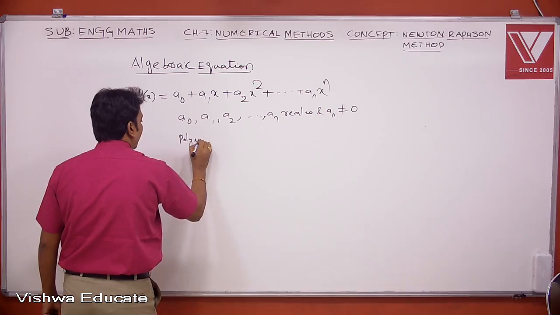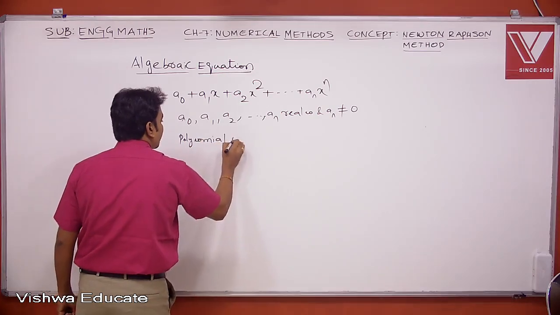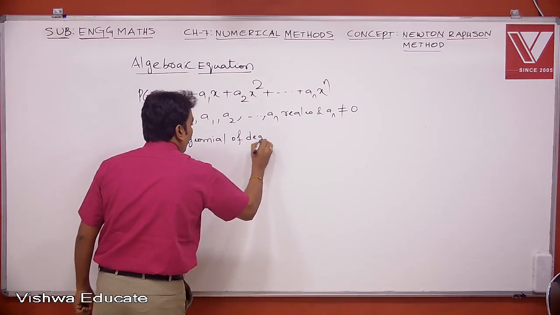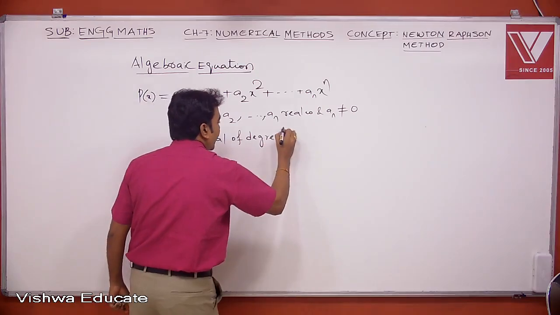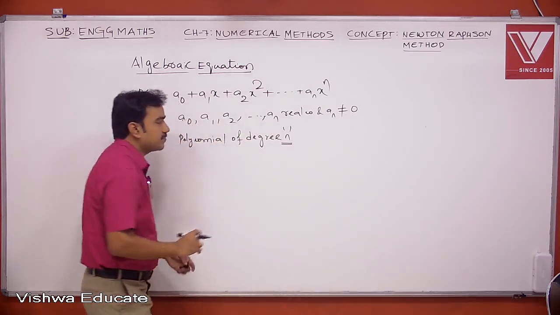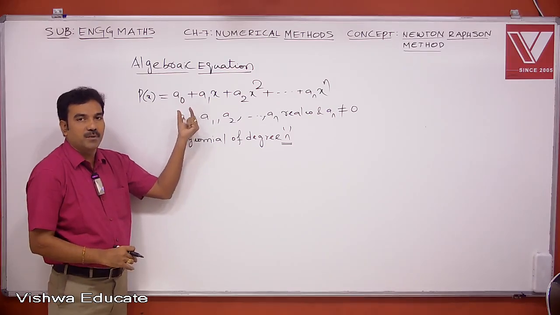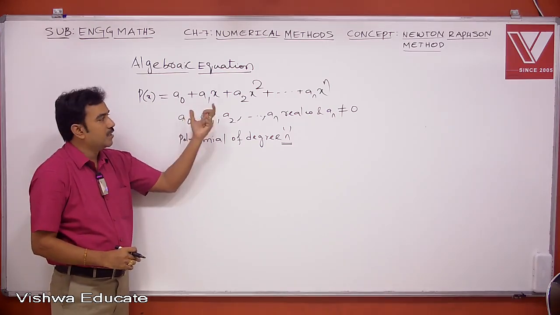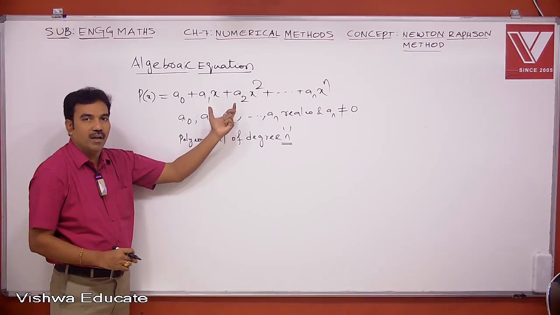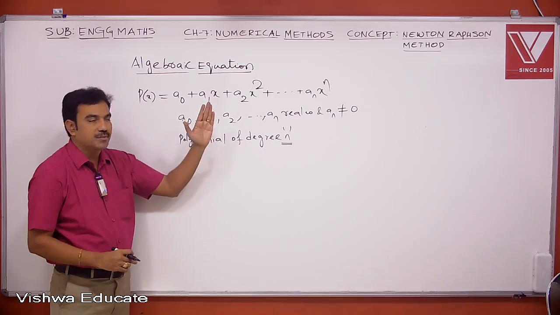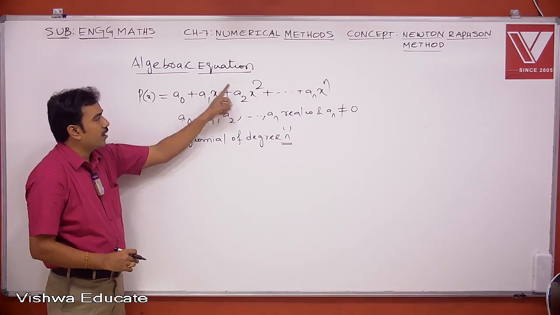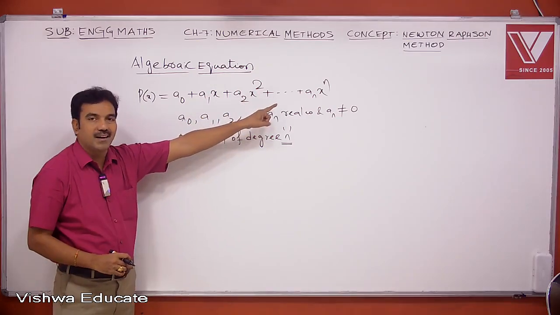Another word we can use, that is a polynomial expression. Whenever we have polynomial expression, its important characteristic is its degree. See, expression will be like this: a naught plus a1x plus a2x square plus and so on plus an into x power n. We have powers of x. Here the power of x is 1, x is 2, power of x is 3 and so on n.